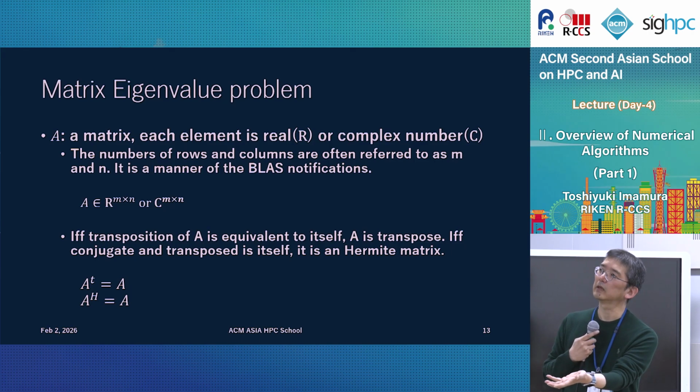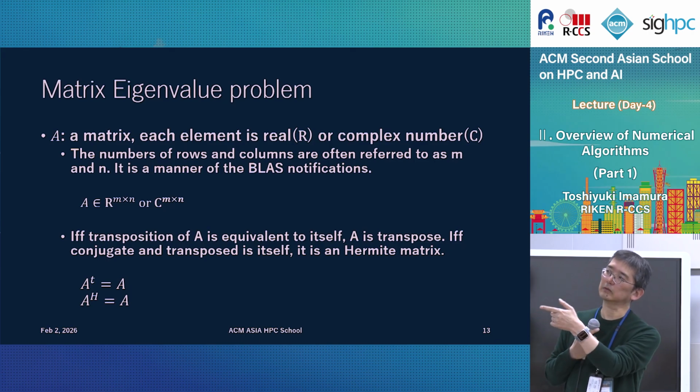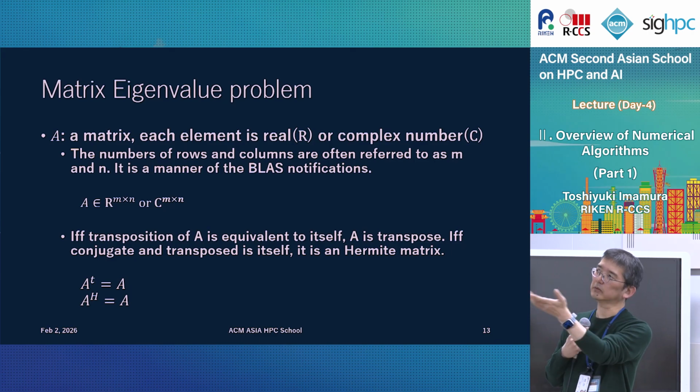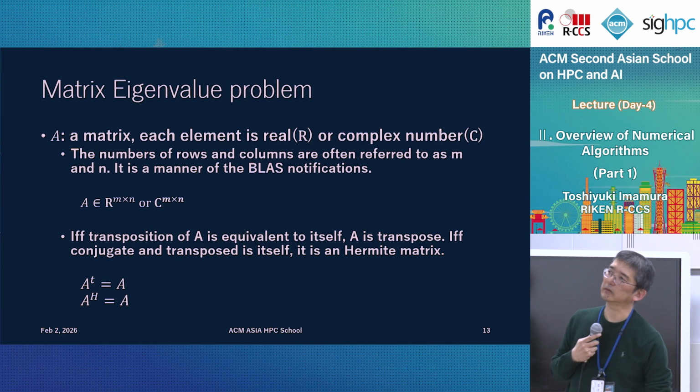It is a rule. If I use the parameter or variable m, it is the number of rows, and the number of columns is always n. Here it is equal to n.